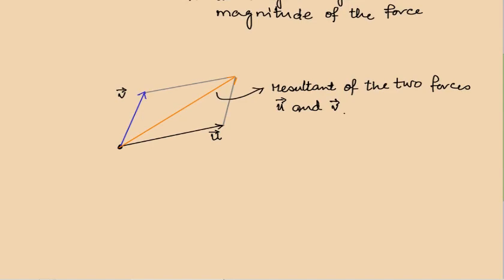And from geometry, well, this resultant is often said to be U plus V. Okay.